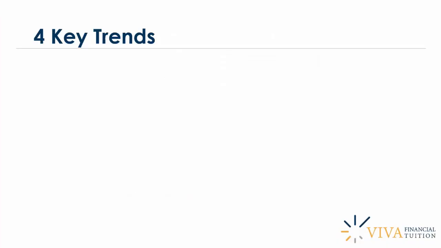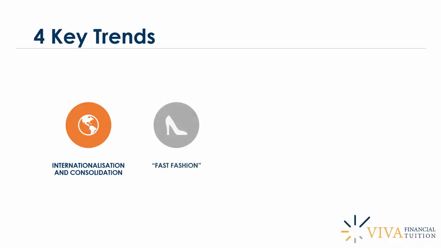And there are 4 key trends that they have identified that I think go some way to explaining and shedding light on some of the figures that we've seen in the previous section. Internationalisation and consolidation is one very important trend which we're going to look at.